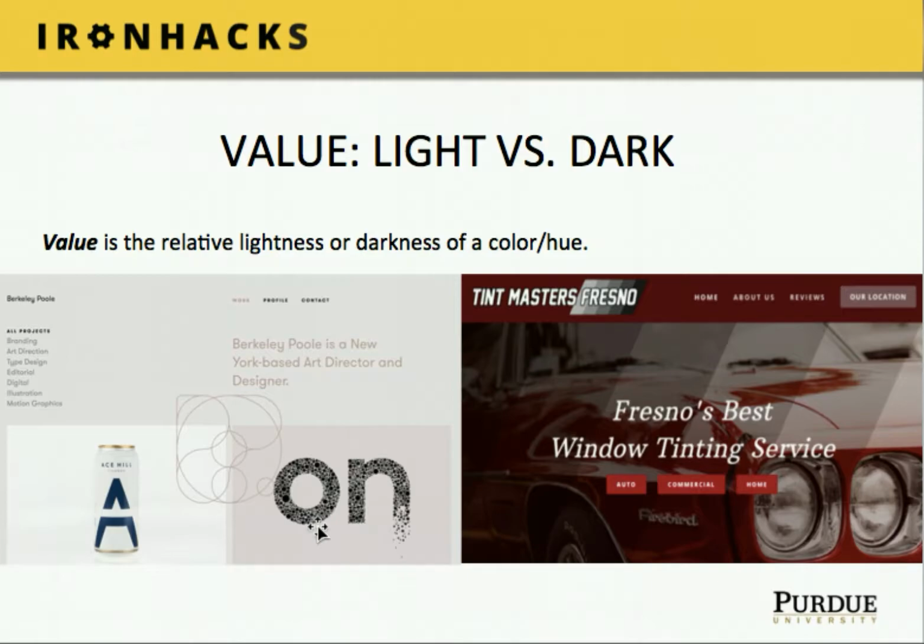And value is used to create emphasis. Here it's used clearly to split the website up into different sections, but it's also often used to create a perception of motion or depth. In general, the human eye is drawn to elements that have the highest contrast against their background. So here, darker shades are used to guide users to read the title of the site as we read from left to right.